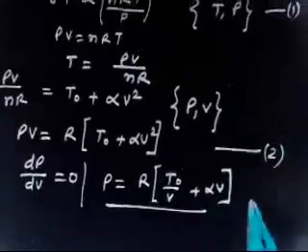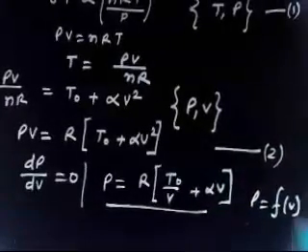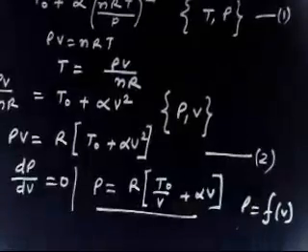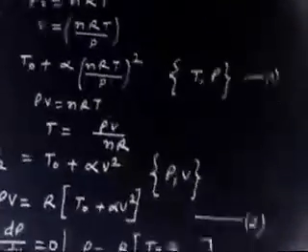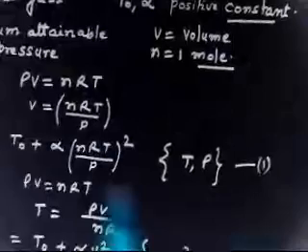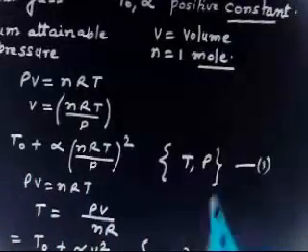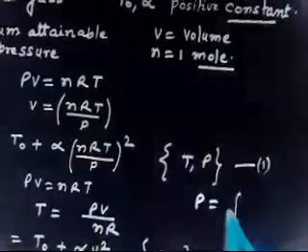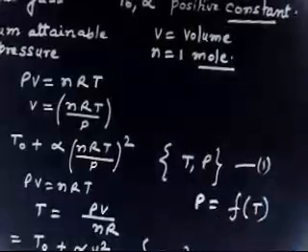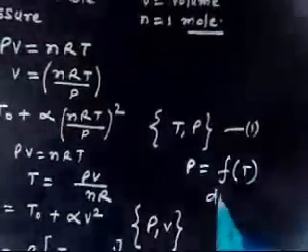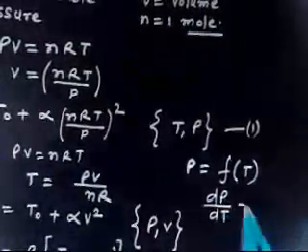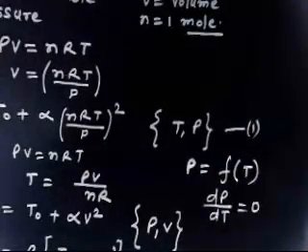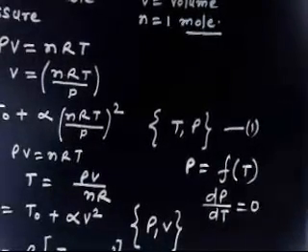Using equation 1, you can also find pressure as a function of temperature. You have two methods, and in that case you have to differentiate dP by dT equals 0, and you will get the same condition.